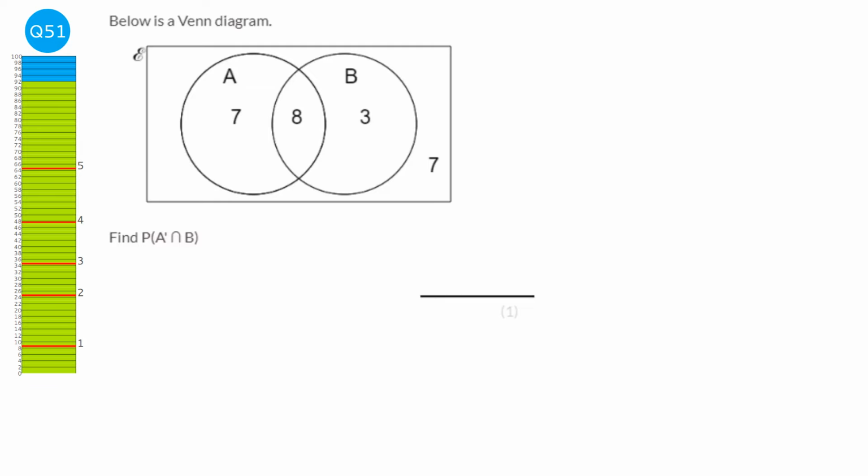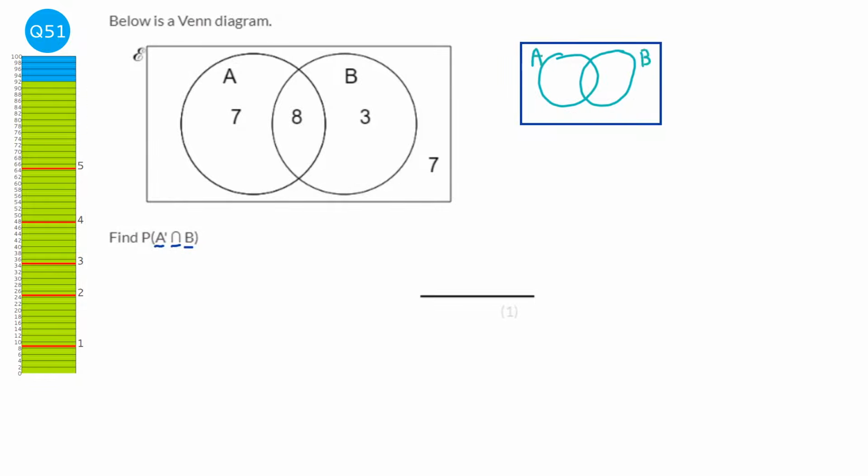So this question is asking us to find the probability of not A and B. So I'm just going to quickly draw out a similar Venn diagram. If this is A and this is B, then not A will be everywhere apart from A. So it will be all of this here.